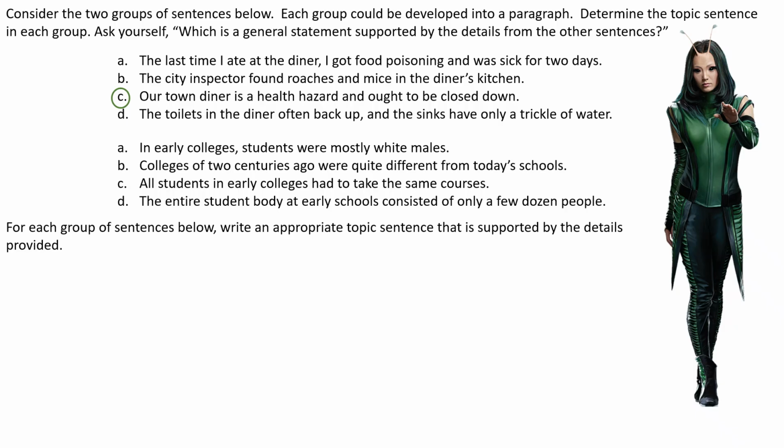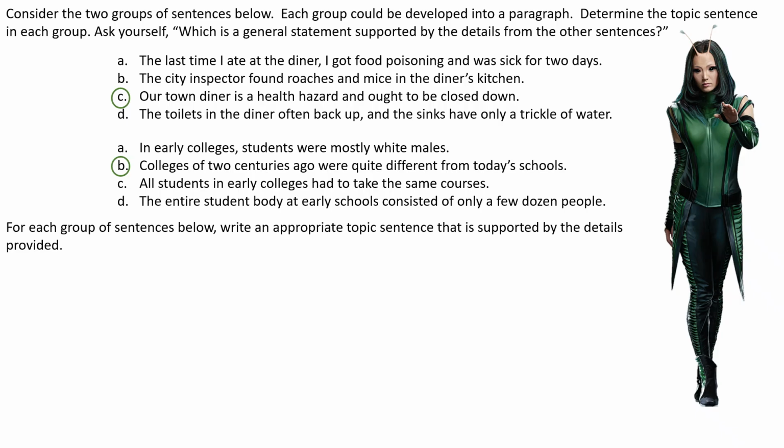In early colleges, students were mostly white males. Colleges of 2 centuries ago were quite different from today's schools. All students in early colleges had to take the same courses, and the entire student body at early schools consisted of only a few dozen people. So I think the topic sentence is B here.